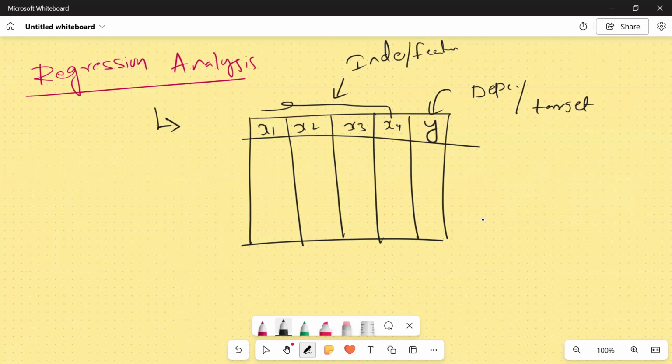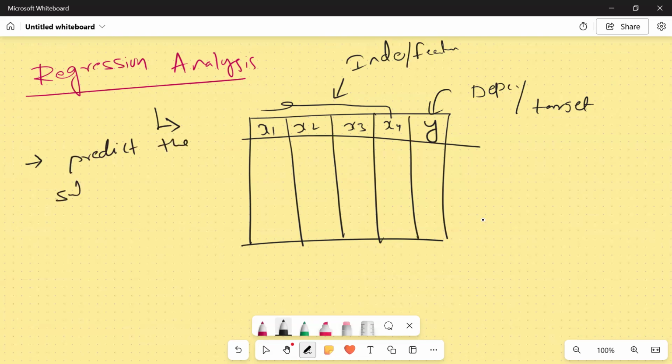Whenever we have a data set, from that we consider one specific feature as the dependent variable, and all the remaining ones as independent variables. The reason is that it totally depends on the business use case. For example, the question is to predict the sales.